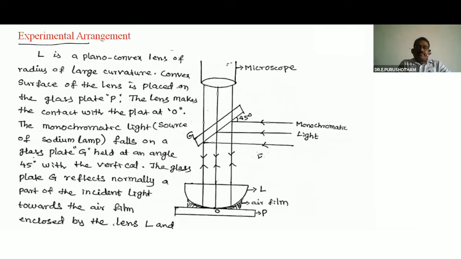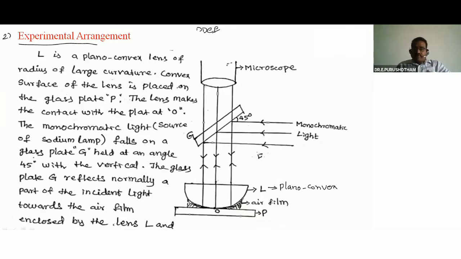Experimental arrangement. So first we have completed the definition and this is the second one. Experimental arrangement. In this experiment, capital L is the plano-convex lens of large radius of curvature, capital R. The convex surface of the lens is placed on the glass plate.